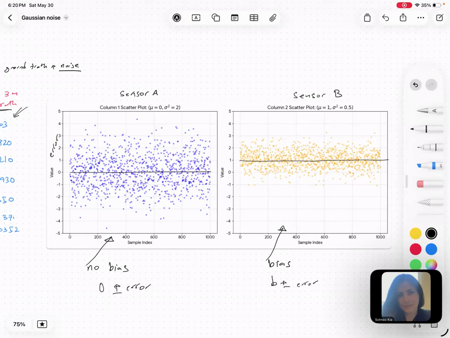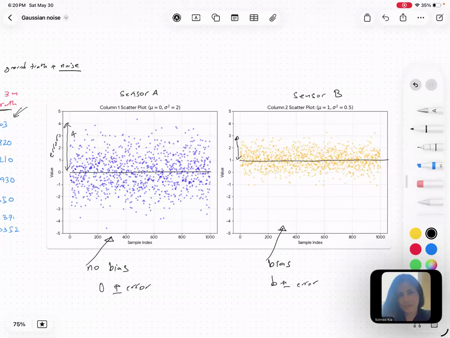The values are scattered much more. This range, for example, if you look at it, is 4. But for the other sensor, it seems to be about 2.5. So this one seems to have a more concentrated error than sensor A.